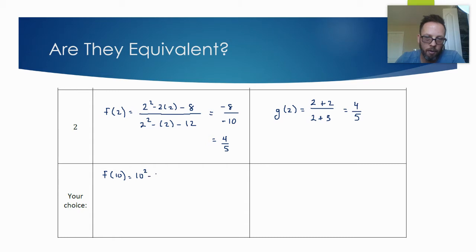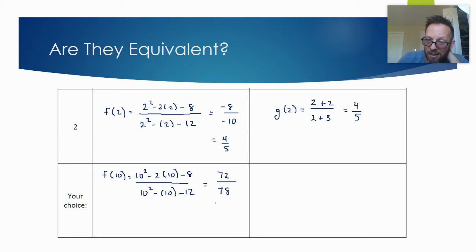10 squared minus 2 times 10 minus 8 over 10 squared minus 10 minus 12. So that's 100 minus 20 minus 8, so 72. And 100 minus 10 is 90, minus 12, 78. 72 over 78 simplifies to 36 over 39.